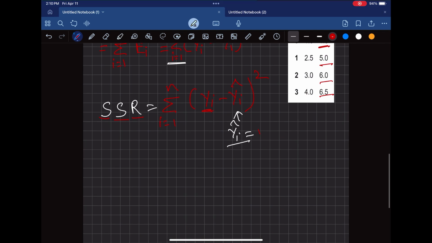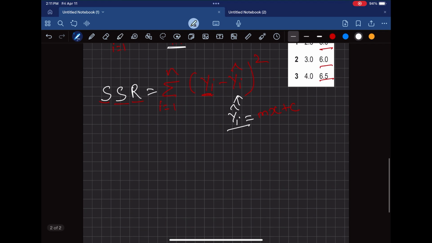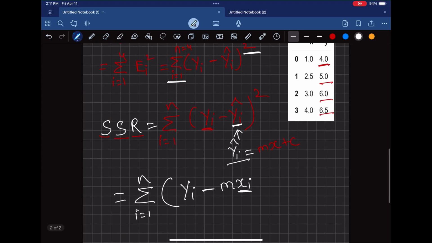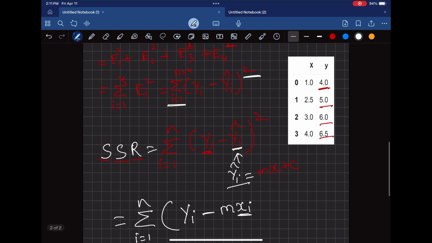So it is a line expression, equal to mx plus c, you can consider. If you want to write it down in even more detail, summation i equals 1 to n of (y_i, which is the actual value, minus m x_i) for each value of x_i. What is x_i? This is each value of x from the table.